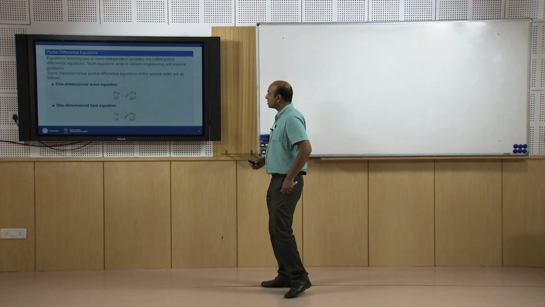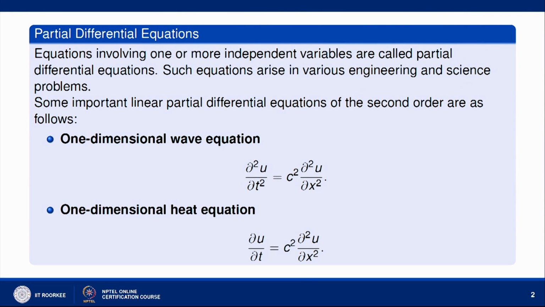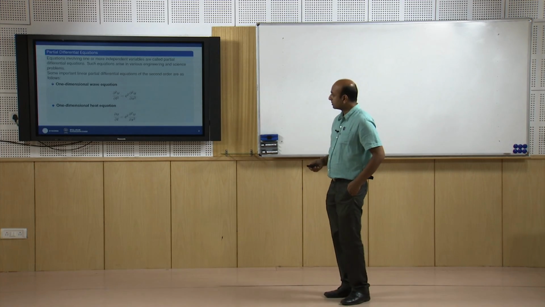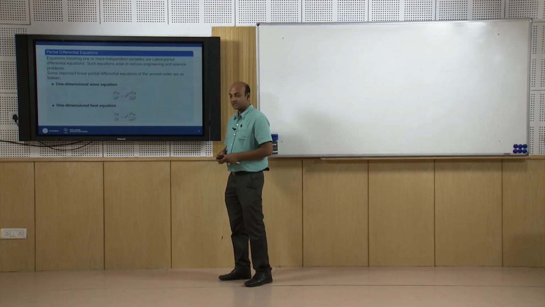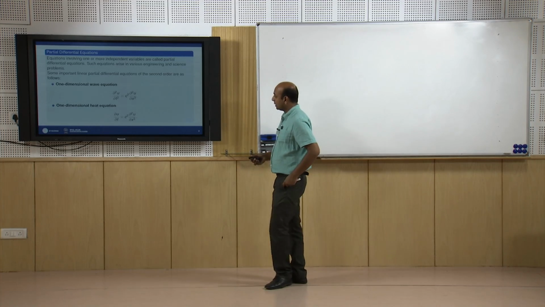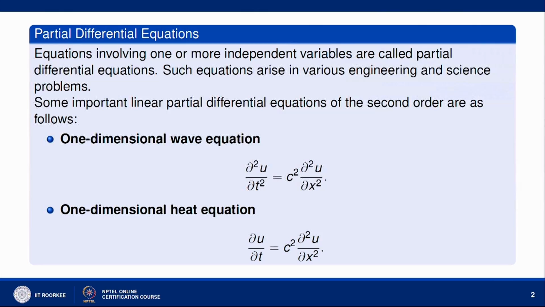Now, equations involving one or more independent variables are called partial differential equations, this we already know, and such equations frequently arise in various engineering and science problems. Some important linear partial differential equations of second order are as follows. One dimensional wave equation is given by this expression, and the one dimensional heat equation is given by del u by del t equal to c square del square u upon del x square.